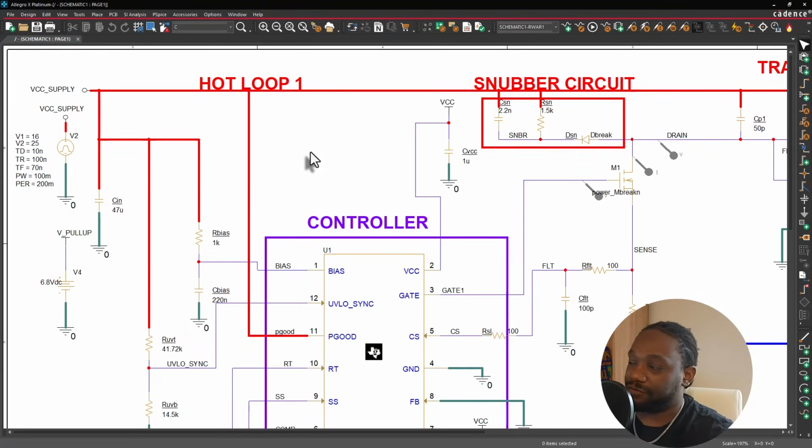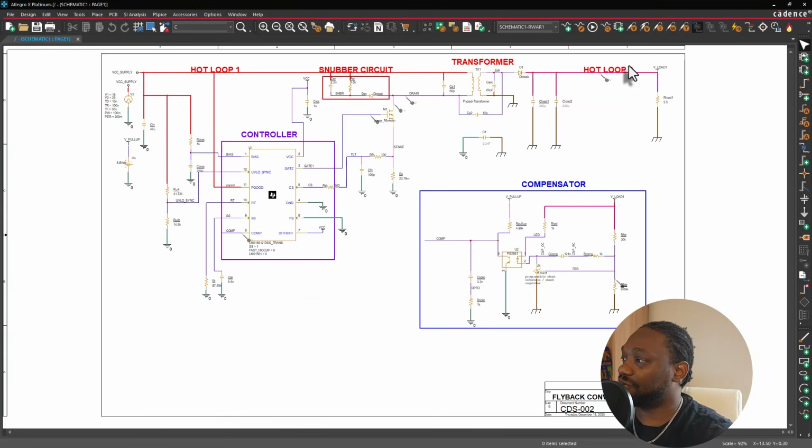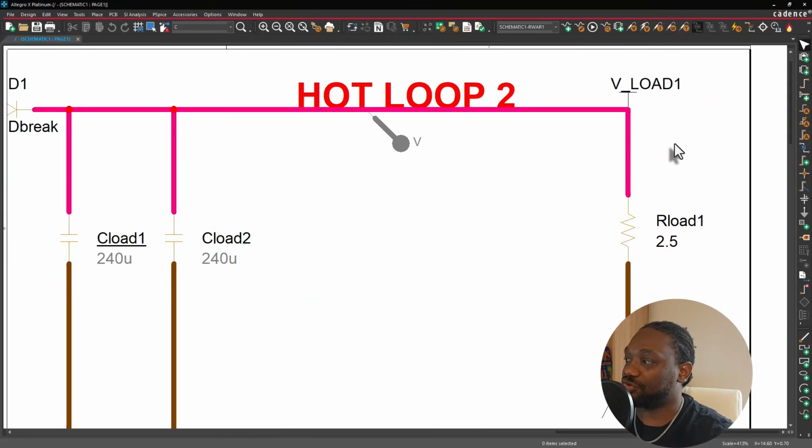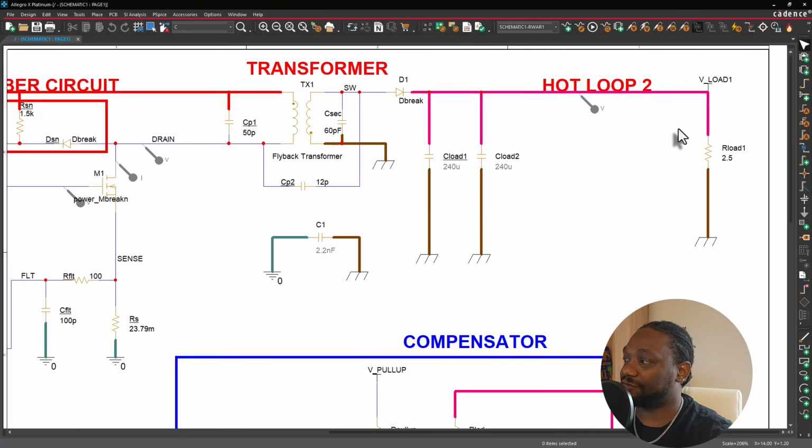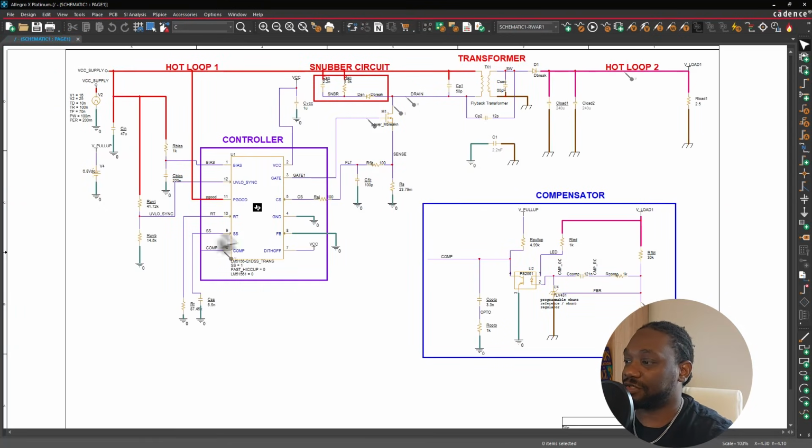Now, the output for this circuit is set to 5 volts and 2 amps. That's what it can support, a 5 volt, 2 amp load. Typical for your power brick that you'd use to plug your USB Type-C device or something like an iPhone. The switching frequency I chose for this circuit is set to 250 kilohertz, and the maximum duty cycle I allow is 40% duty cycle. So those are the specs for this flyback.